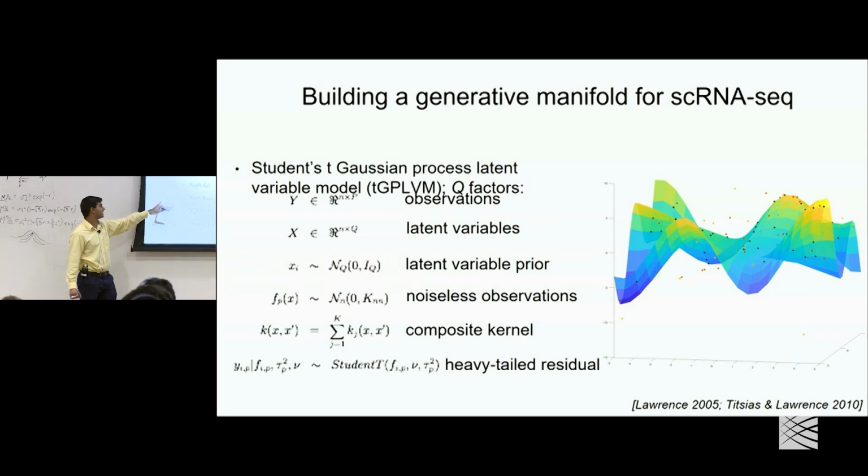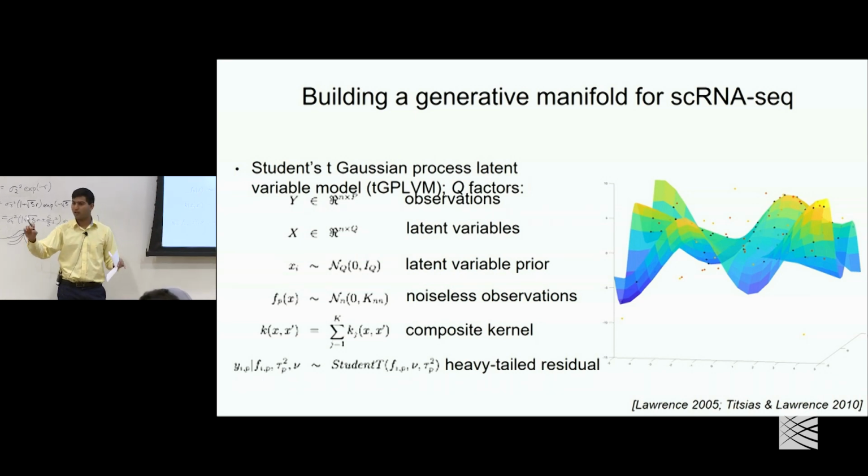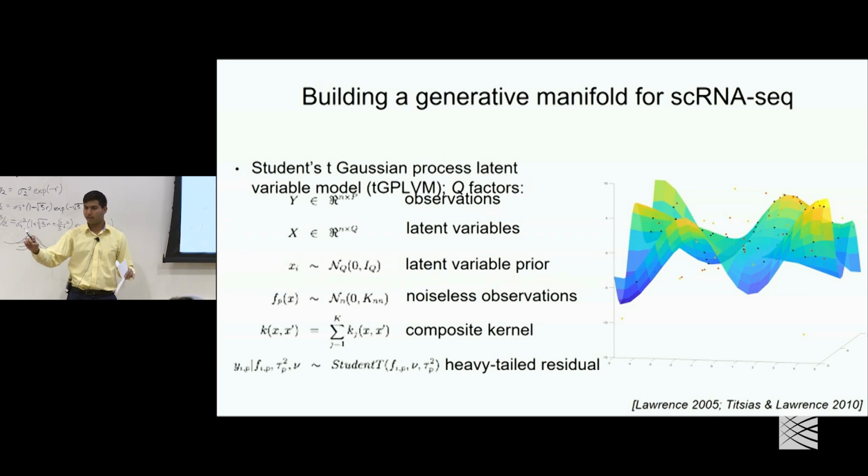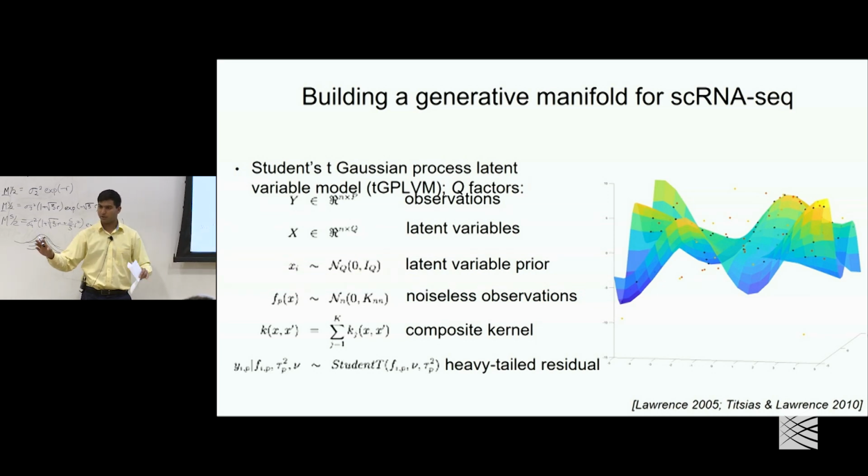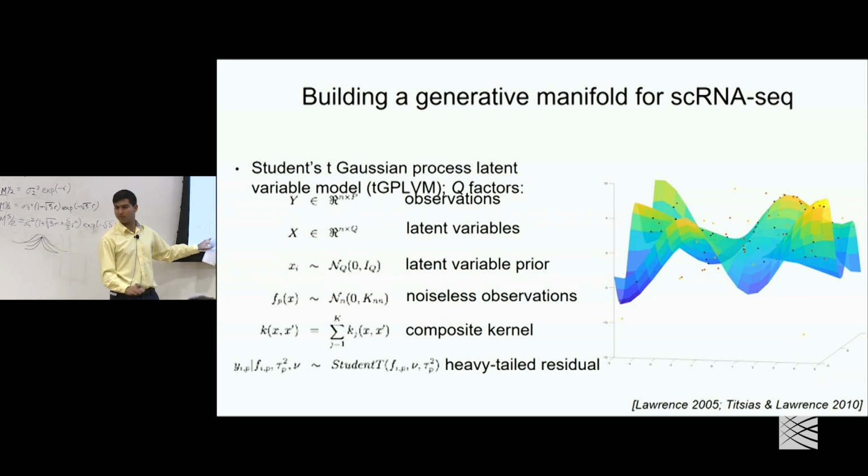F is a latent variable you use in modeling that says: if I had perfectly drawn where the cell expression lies on the manifold, with no technical or experimental noise, what would it be? And then this is a noise term.